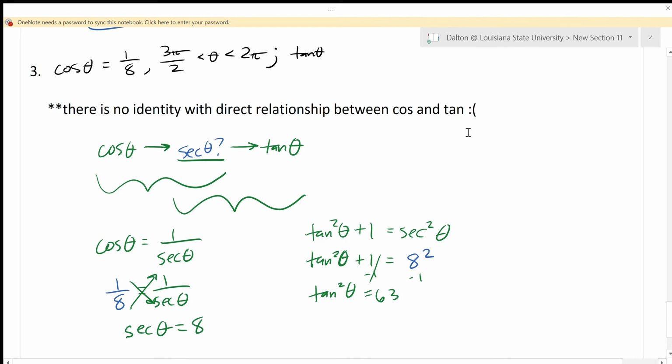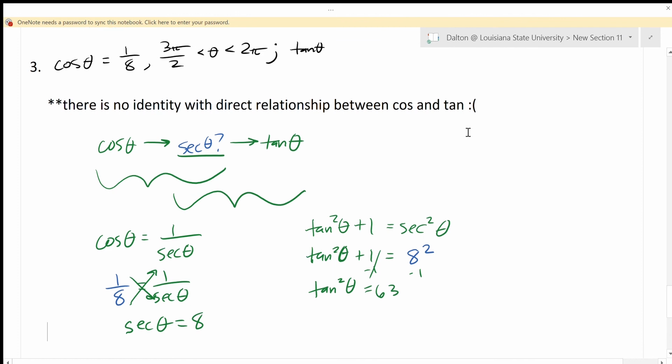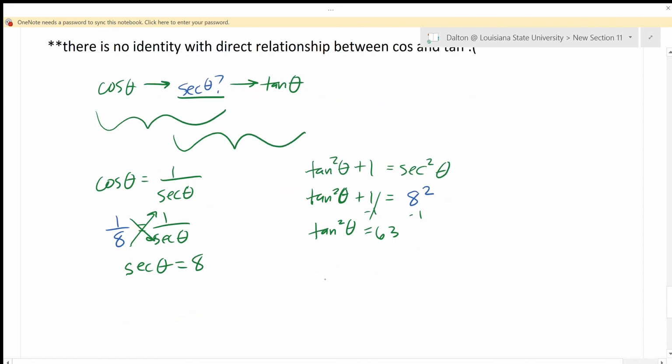Then what? Okay, so then tangent of theta equals plus or minus square root of 63, which is not simplified. It's 3 root 7, because this is the square root of 9 times the square root of 7, and the square root of 9 is 3.